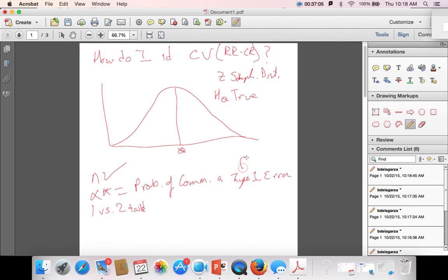What is type 1 error? Incorrectly rejecting the null hypothesis. So that's what a type 1 error is, incorrectly rejecting the null hypothesis.